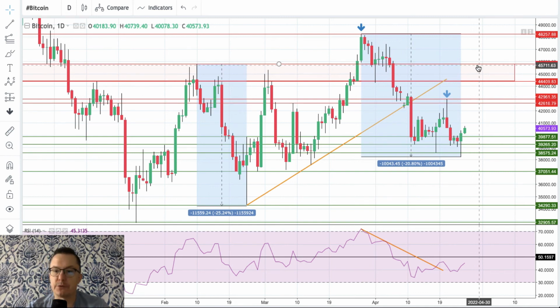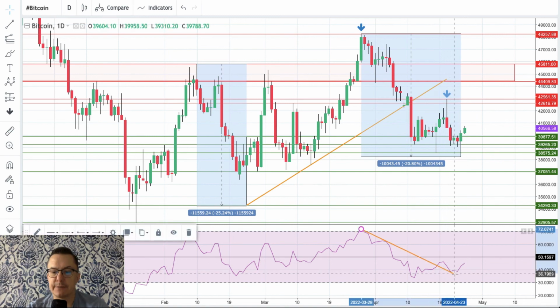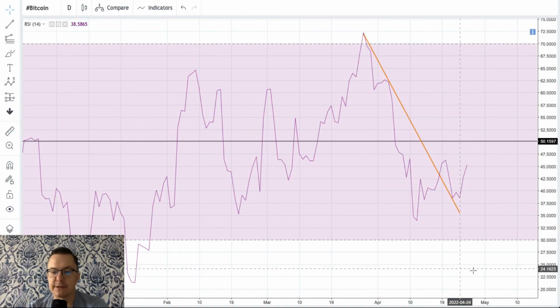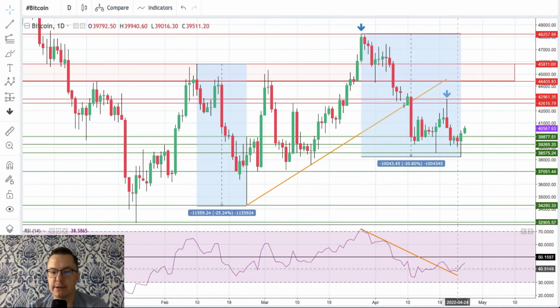So we should see very soon the resumption of the downtrend, because despite the fact that we made this very nice pin bar, the momentum is still negative and weak. So if there is any sort of reversal in this market, and if it is supported by the momentum that will drop lower, then of course the market would definitely say bye-bye to the levels of 40,000 and something, and will start to test 37,051 and then $4,290.